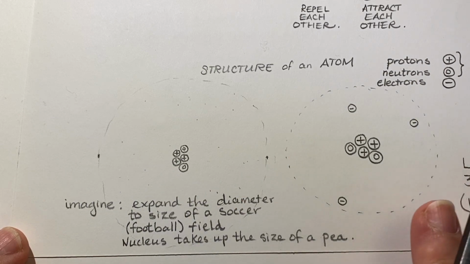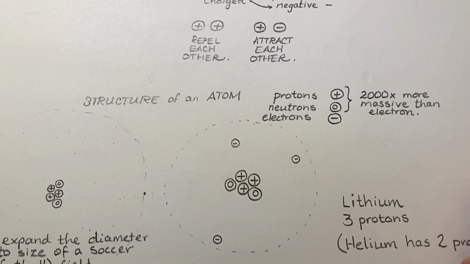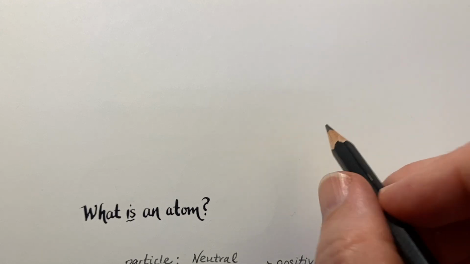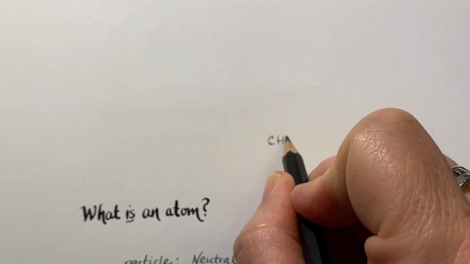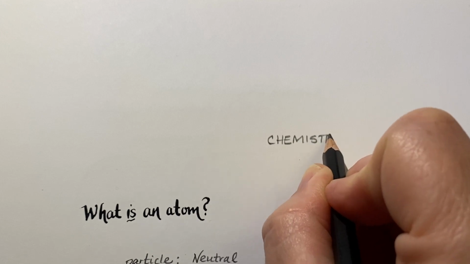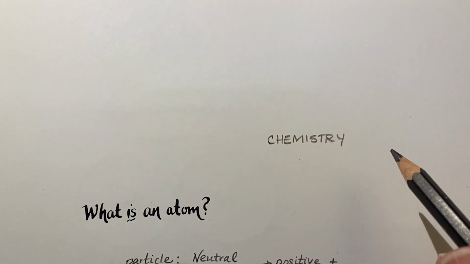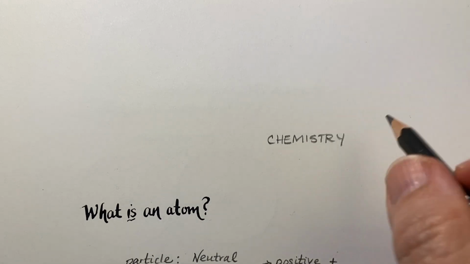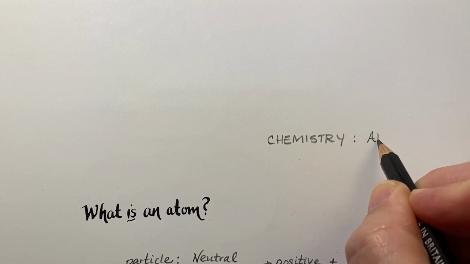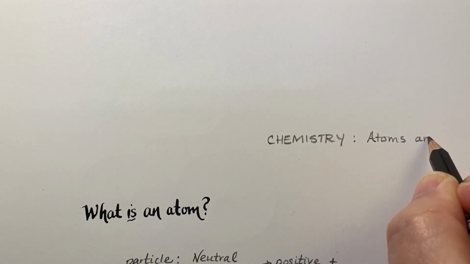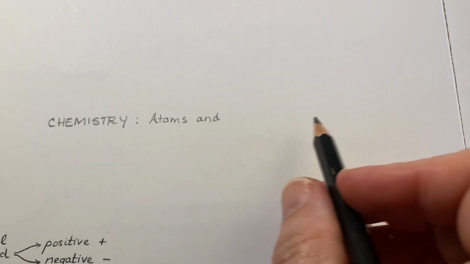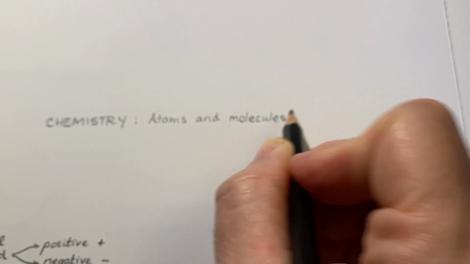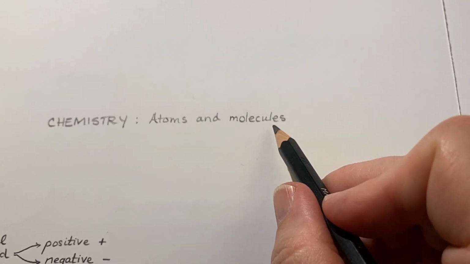And in chemistry, I'm going to move this over here. Chemistry. When we consider what's happening in chemistry, we are looking at atoms and molecules. And you might ask, well, what's a molecule?